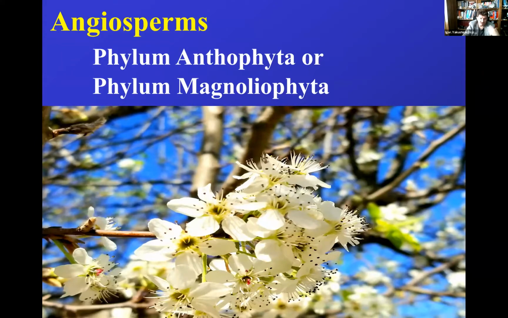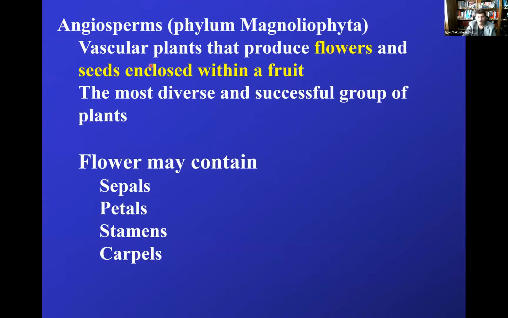Vascular plants produce flowers, hence the name, and seeds enclosed within a vessel, angios. Sperm is a seed. So, seed within the vessel, seed enclosed within the fruit. Not just having a cover, it has the other thing known as the fruit.